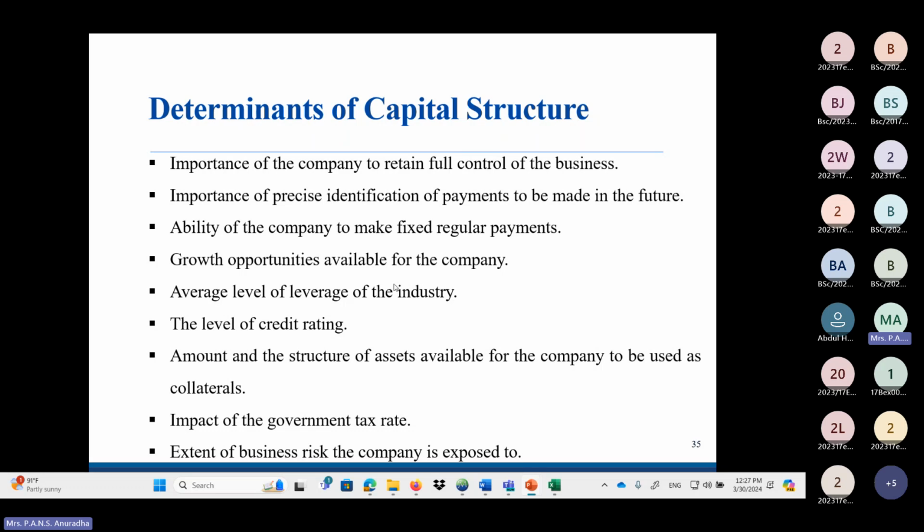Growth opportunities. We can see the companies having very good growth opportunities in the near future. So increase the leverage, increase the borrowing. With the favorable situation, ultimately shareholders' wealth will maximize. So if there are growth opportunities in the near future, you can increase the leverage, financial leverage, as well as operating leverage.